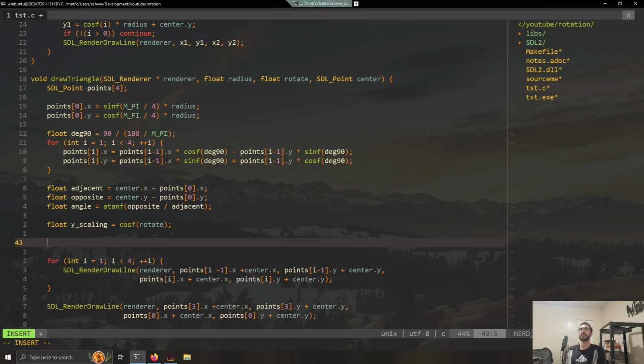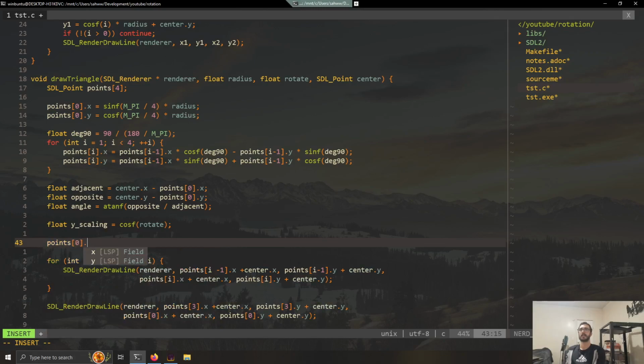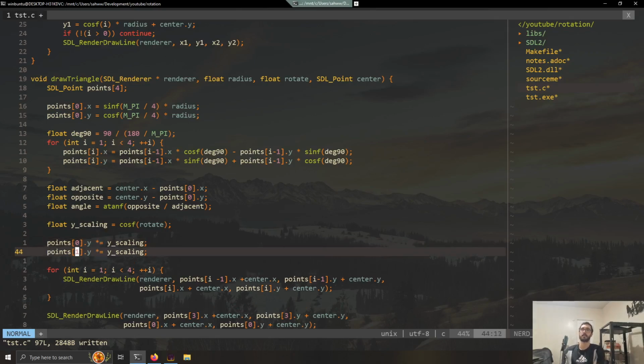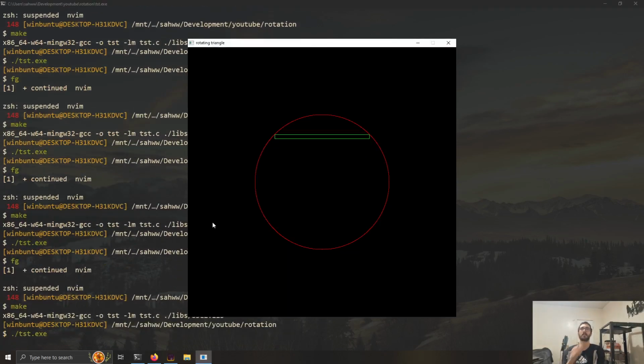So now if we did points 0 dot y times equals y scaling, that should just go up and then go down, just for that point anyways. Let's do it for point 0 and point 1, which are the two bottom points. Up and down. There it goes. That's it. That's the whole thing.